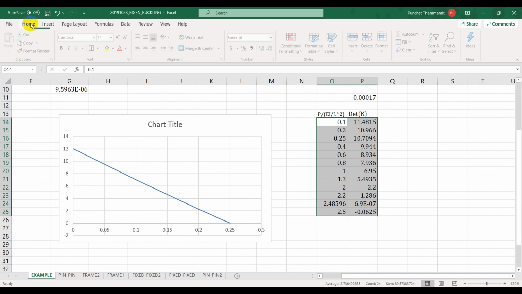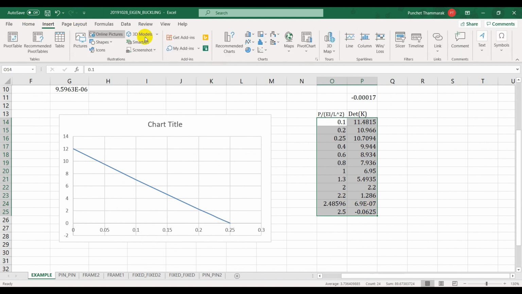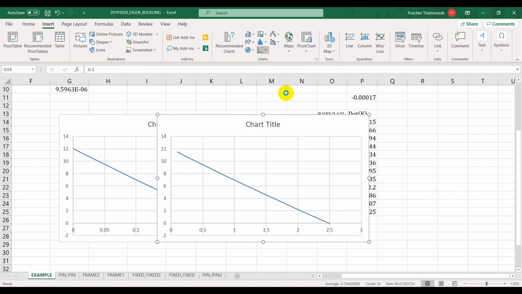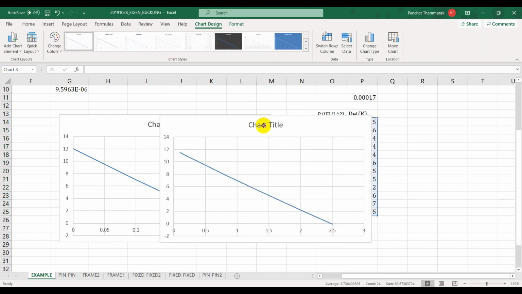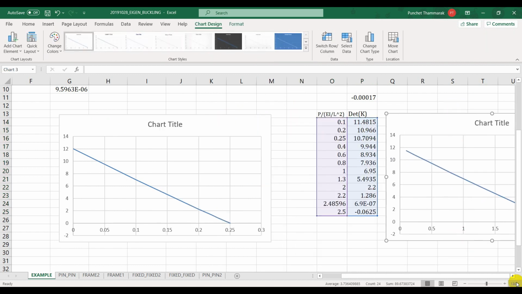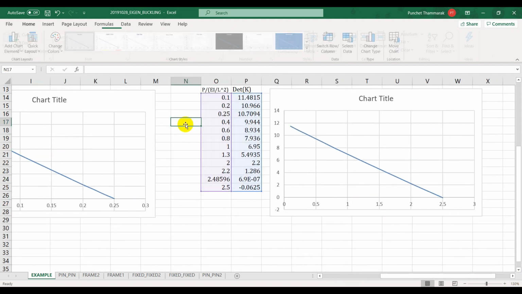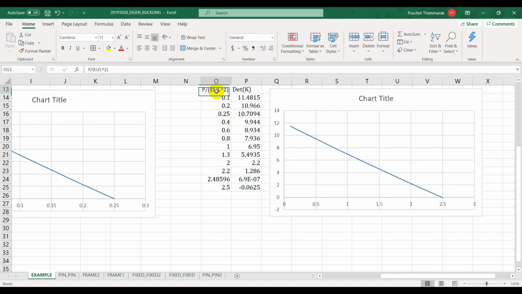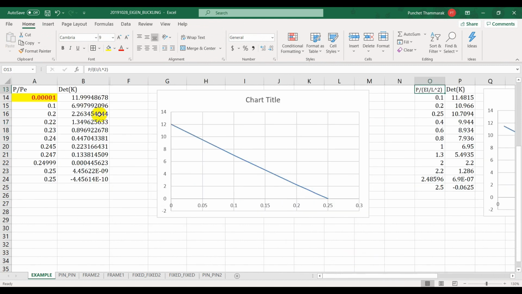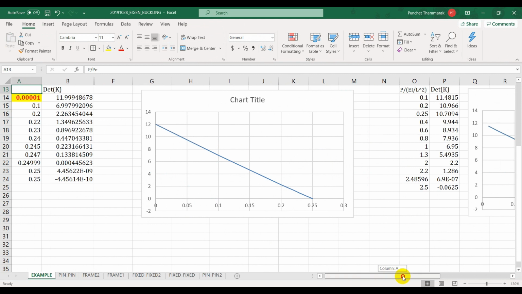If you plot, you're going to see the relationship, just like this. Is it wrong? No, because you are having a different definition. This is P over EI over L square, this is P over PE.